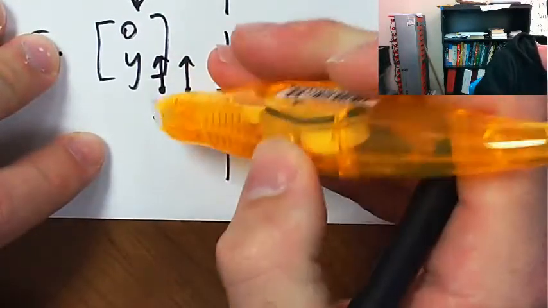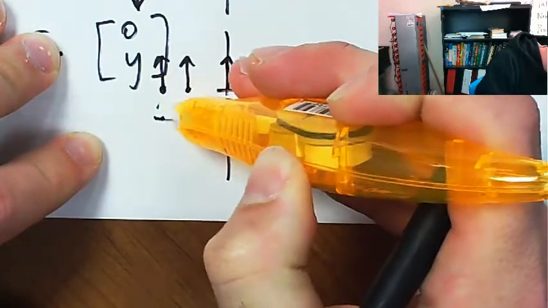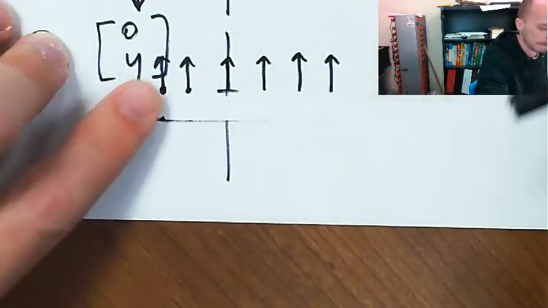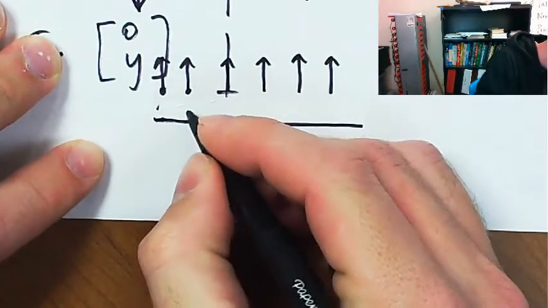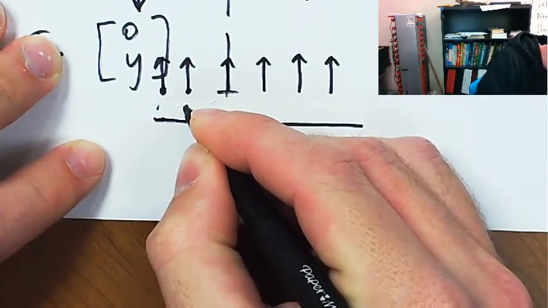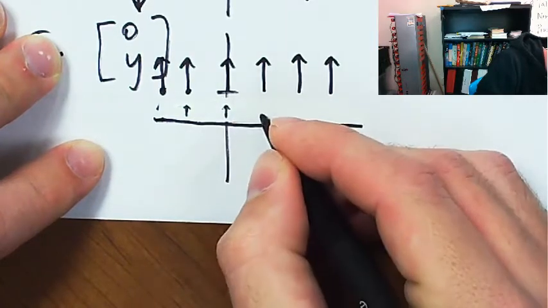Let's try that again. I'm going to put a little separation between the axes, and then I'll draw some little short vectors.